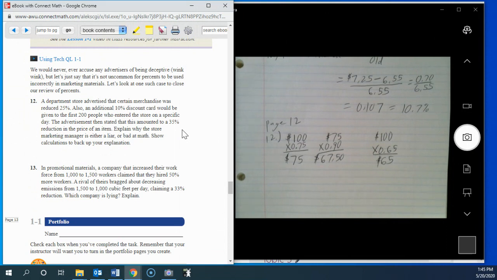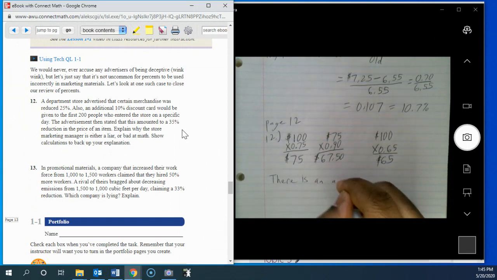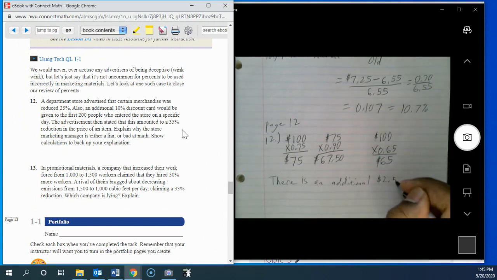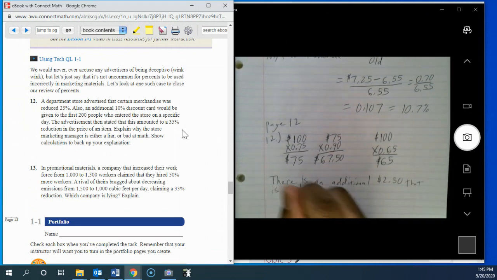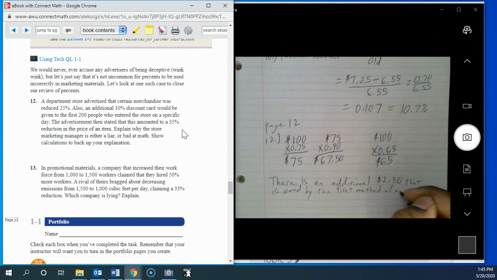Now, it says explain why the store manager is either a liar or bad at math. So basically, there is an additional $2.50 that is owed by the first method of an additional 10% off.